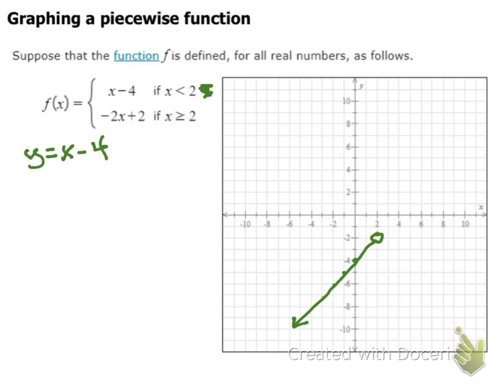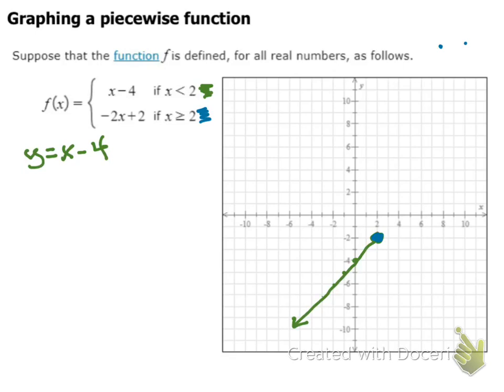Now let's look at what happens when x is greater than 2. I'm going to do this one in blue. If x is bigger than or equal to 2, we need to really concentrate on what happens at 2. So at 2, if I plug in my value there, I would have -4 plus 2, which is -2. So I have 2, -2, but this time it's a closed circle.